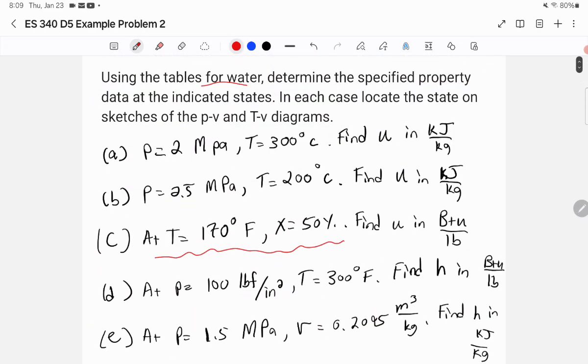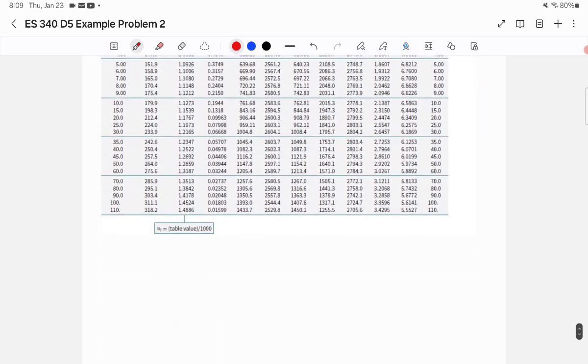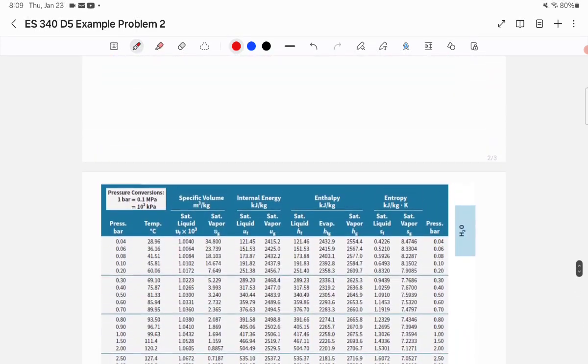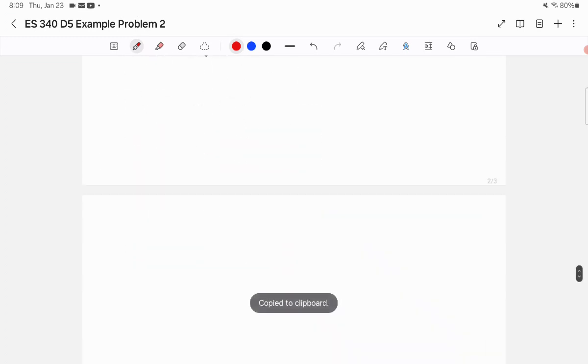How about B? B, it turns out that we can read right off of the tables. Actually, I don't need this table at all. Sorry.